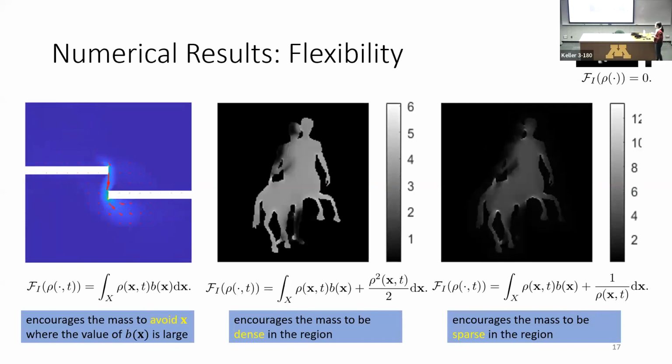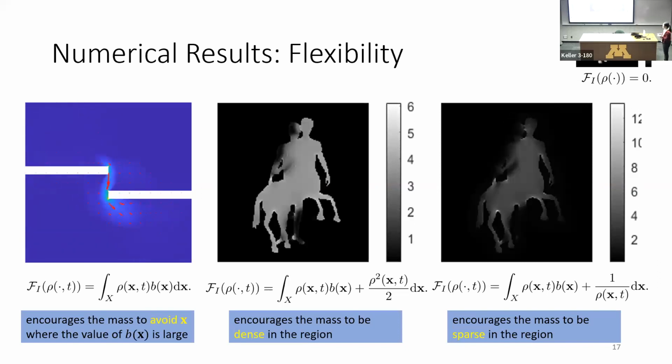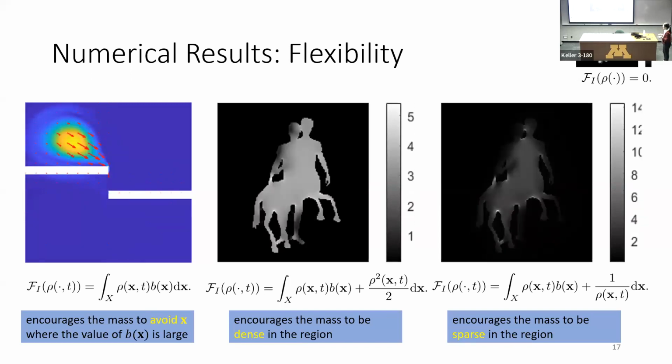For example, you impose an interaction cost to encourage the individuals to avoid this white region, or you use some interaction cost to encourage them to concentrate in the region, or encourage them to separate from each other in the region. All this kind of thing, we can do it.